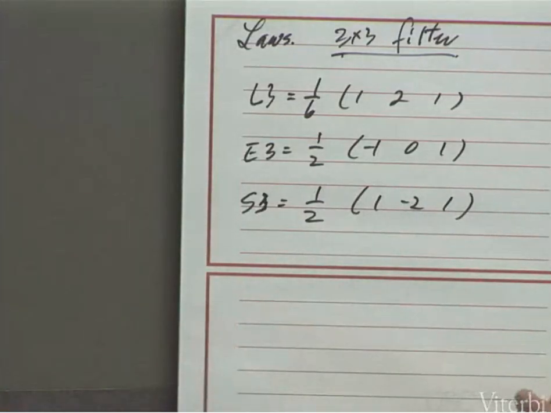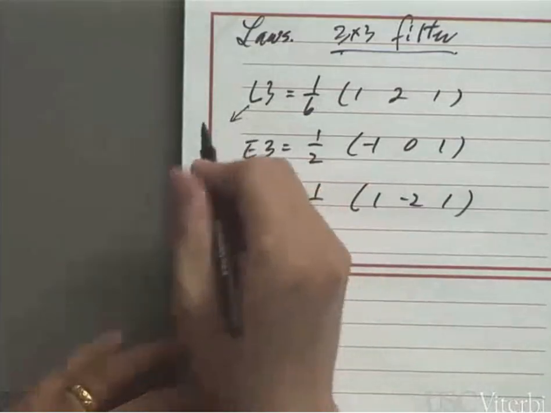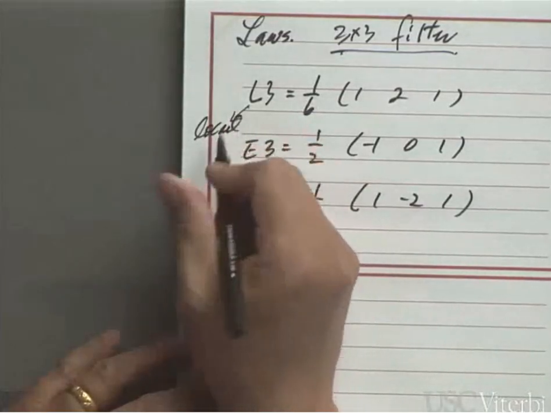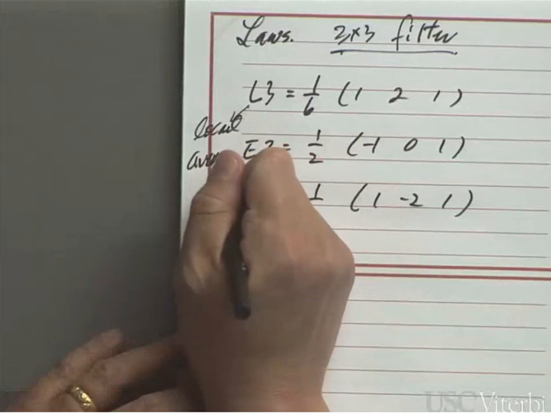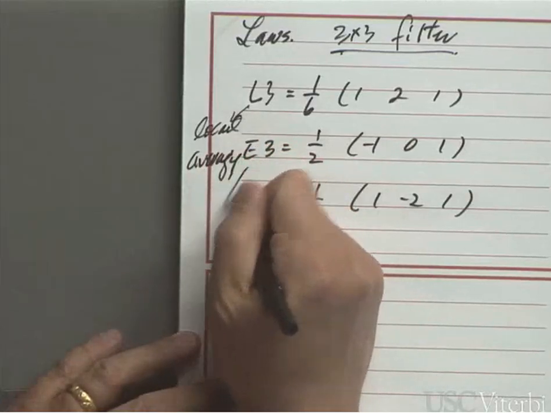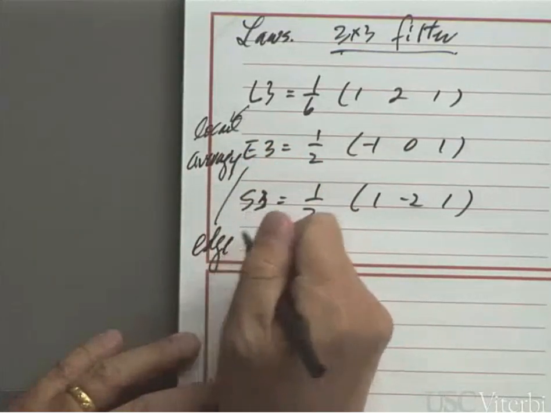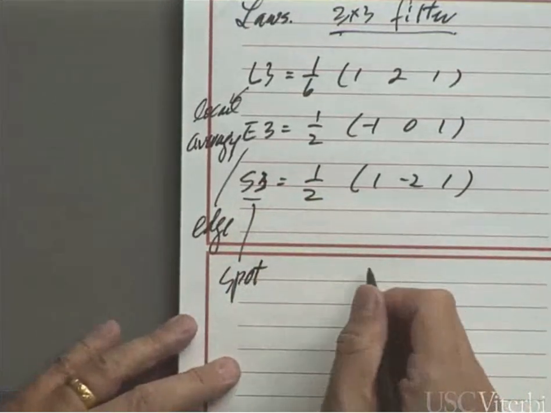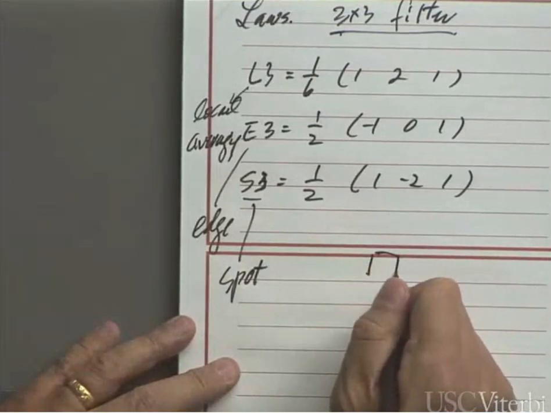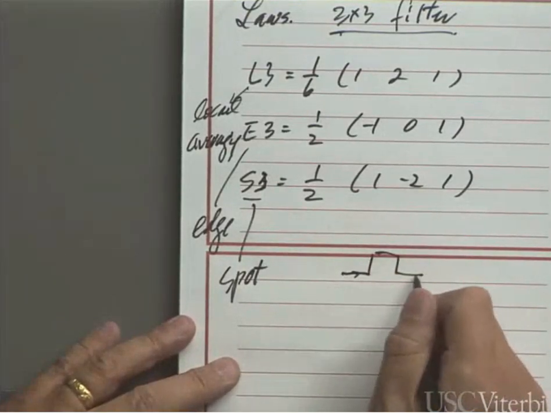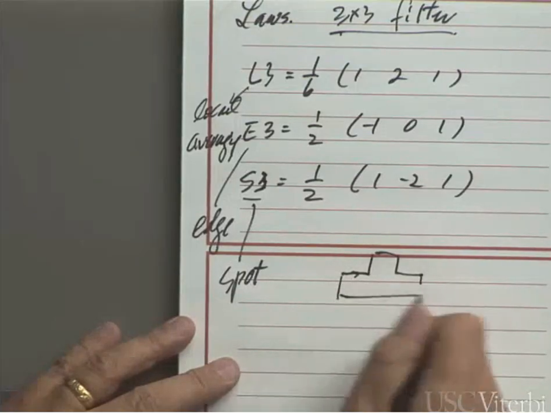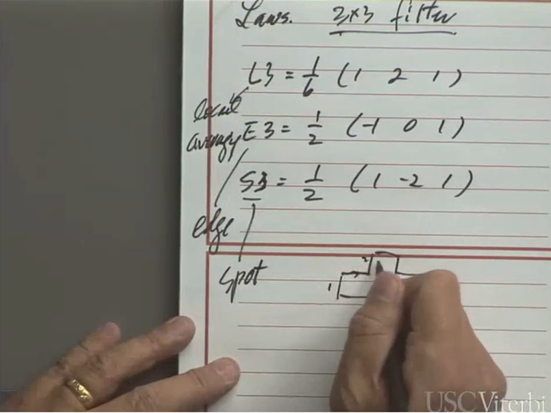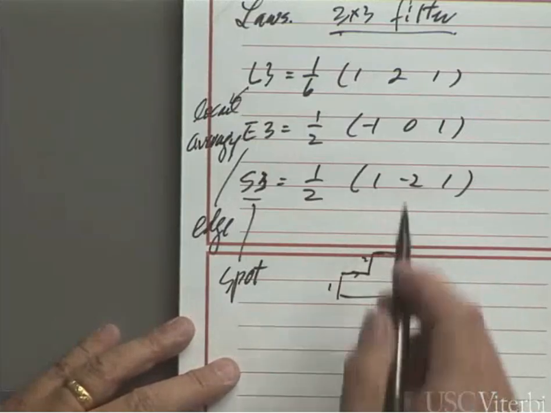These are one-dimensional filters. L means local averaging. E means edge. S means spot. The spot basis has this kind of shape, like 1, -2, 1. This is the center.